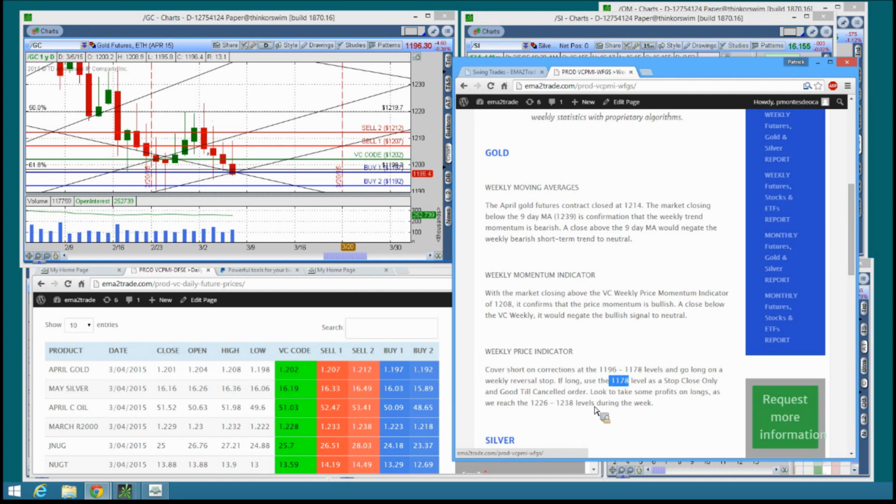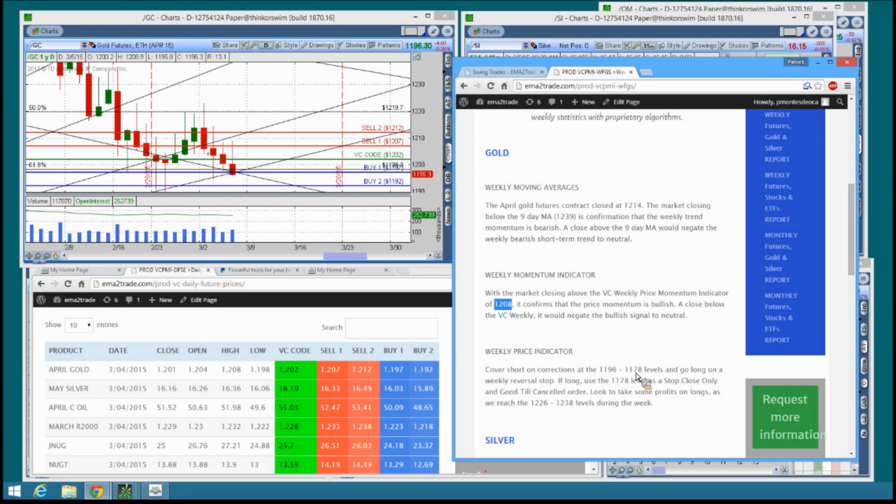The way that we look at this algorithm is basically that once you activate the long signal, which is being done right now, as you can see on the chart on the left, with the market trading at 1196.30, you activate right away the objective or the target, which is the momentum indicator, the weekly price code of 1208. So right away, this activates a long at 1196.